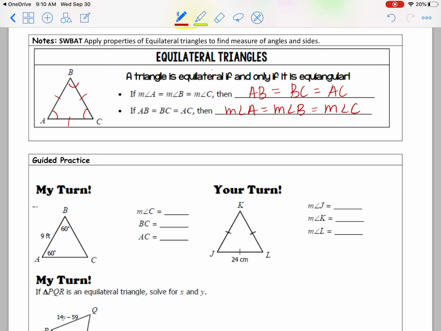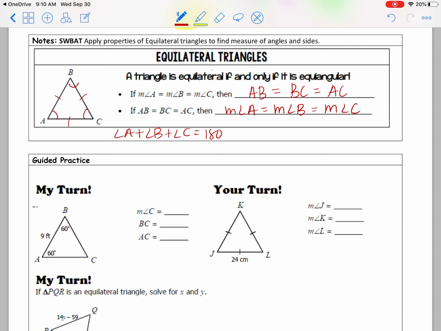Also, if all three angles are equal to each other, then what would be the measure of each one of the angles? Well, if I add angle A plus angle B plus angle C, we know that the three interior angles in a triangle always equal 180.